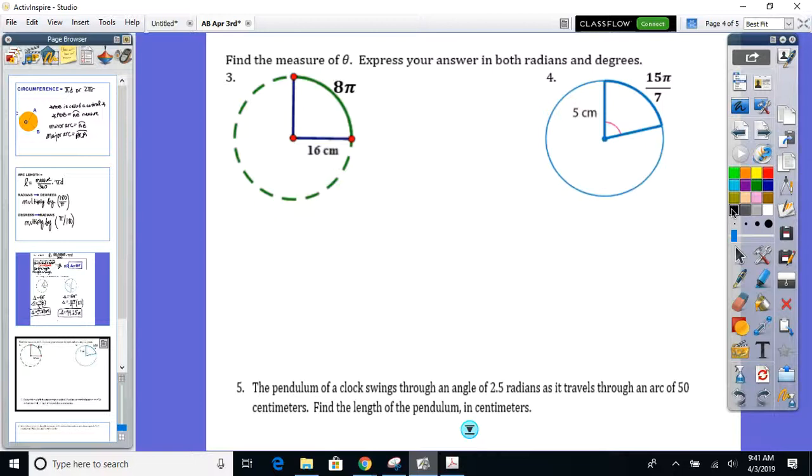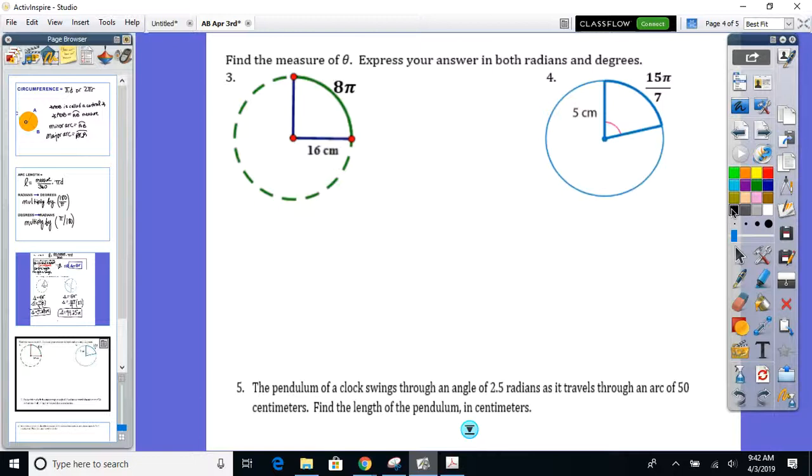Everyone good there? So we can use either formula right now. But if you look at the two formulas for arc length we've given you, which one is probably easier to deal with? You got this one, X over 360 times pi d, and then this one I just gave you.